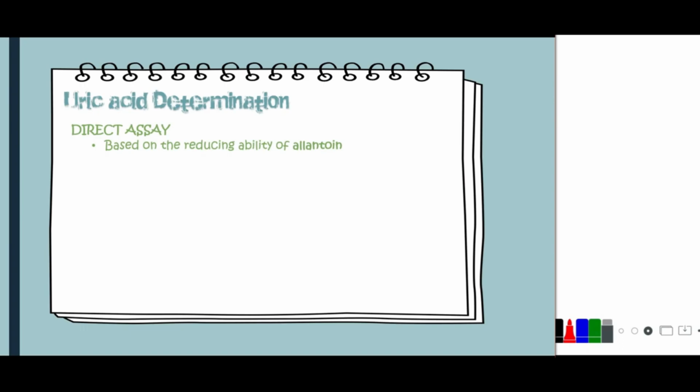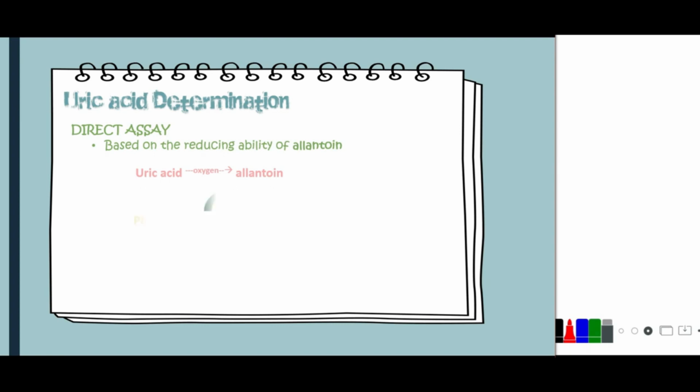Uric acid. In its direct assay, uric acid determination will be based on the reducing ability of allantoin. Although we have mentioned that uric acid reacts with phosphotungstic acid, it's not directly the uric acid. What happens here is this: uric acid in the presence of oxygen will be spontaneously converted to allantoin. And as mentioned, allantoin has a reducing ability.